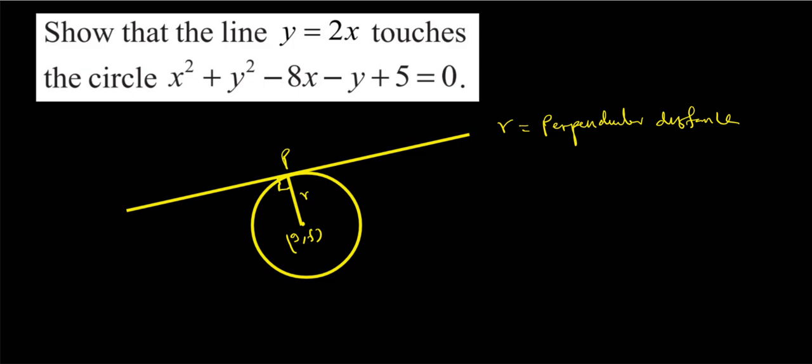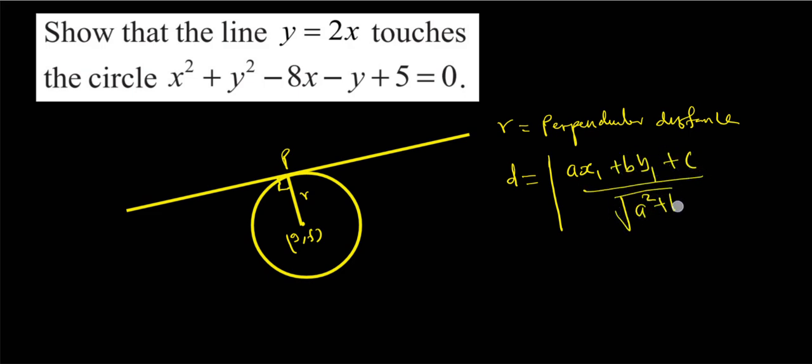Now here is where we have the connection between the center point, radius, and the formula for perpendicular distance. If you remember, the perpendicular distance d is ax1 plus by1 plus c over the square root of a square plus b square. The point x1, y1 in our case is g, f.